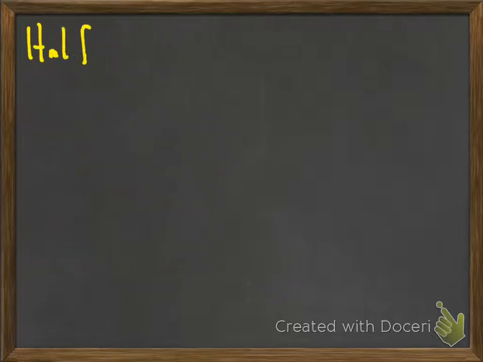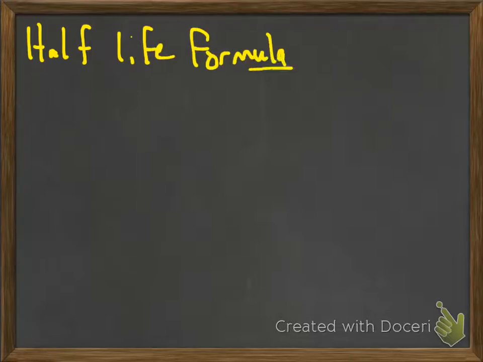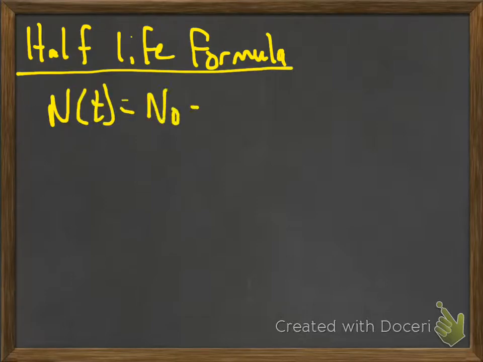Alright, so we have a half-life formula that we need to look at that involves the e. If you've heard of half-life, probably in studying sciences, you know that some elements have half-lives, how long it takes for certain things to deteriorate. This would be good for an archaeologist or something like that.